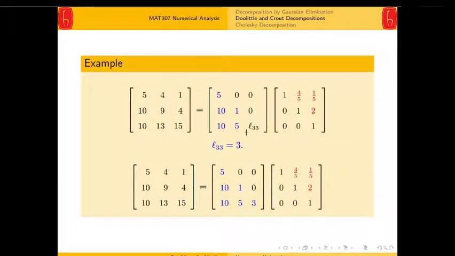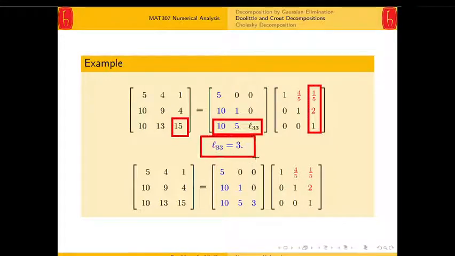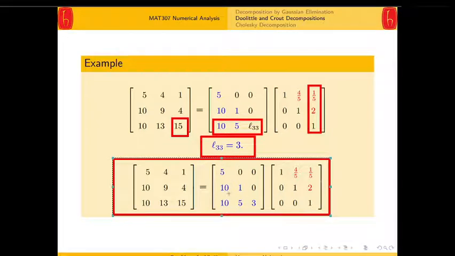And we are left with L33, the last unknown. We can multiply the last row with the last column. Then this would give us 2 plus 10, so 12, and 12 plus L33 will give us 15. So L33 is 3. So we have found the lower triangular and upper triangular matrices by Crout decomposition as well.